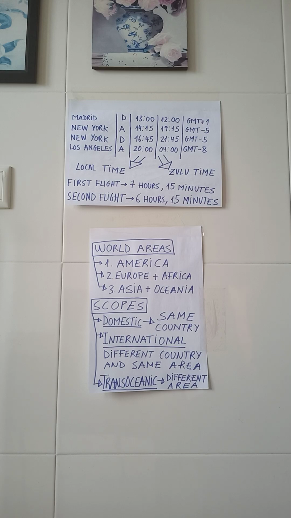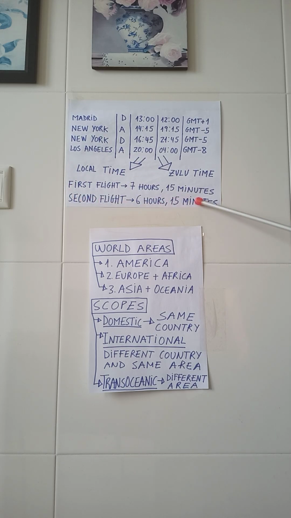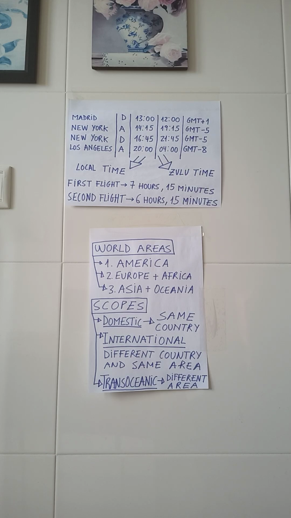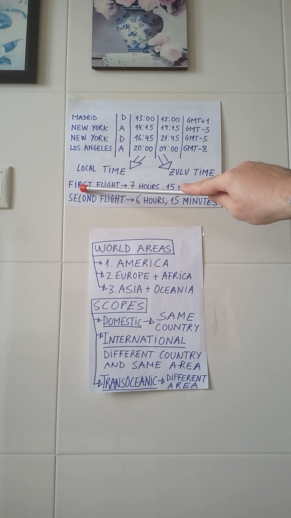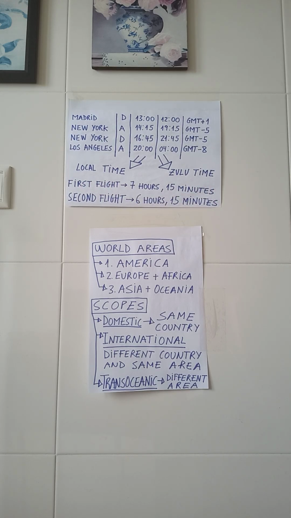At the bottom of the page, I indicate that the duration of the first flight, in this case, is 7 hours and 15 minutes, and that the duration of the second flight is 6 hours and 15 minutes.